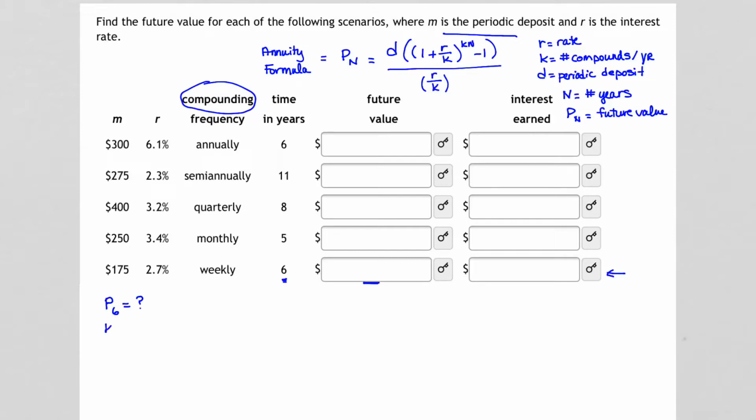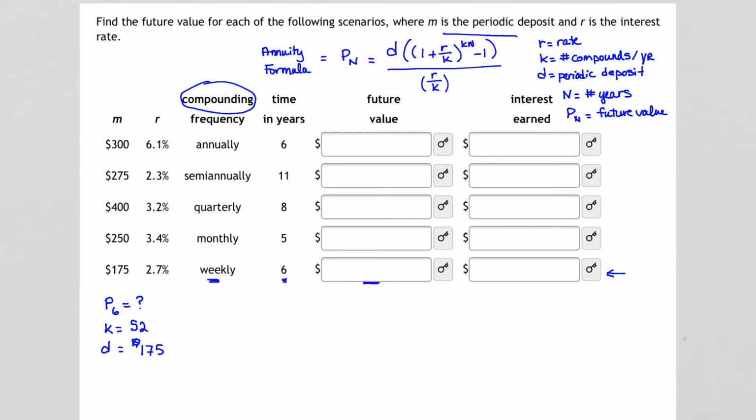Our K represents the number of compounds per year. Because we're compounding weekly across this bottom row, that means we have to compound how many times per year? 52, because there are 52 weeks in a year. So K is 52 in this bottom row. D represents our periodic deposit, which is the M column, $175.